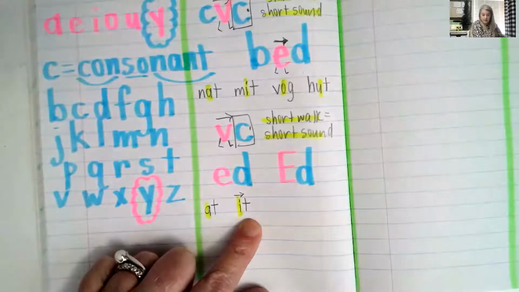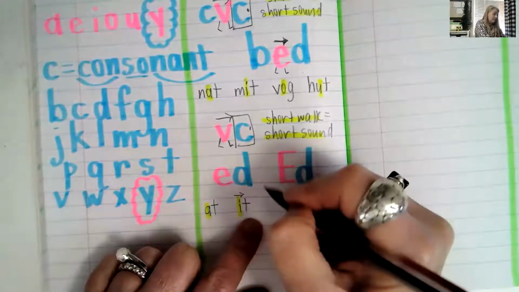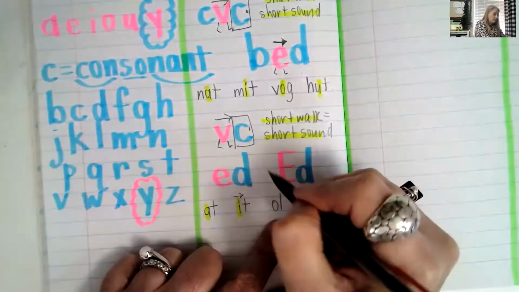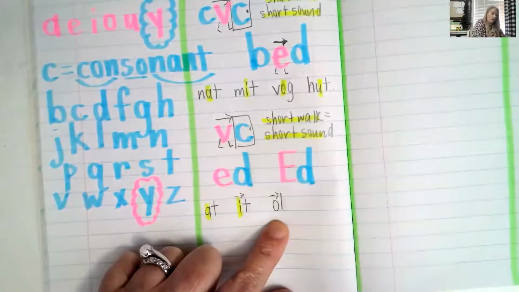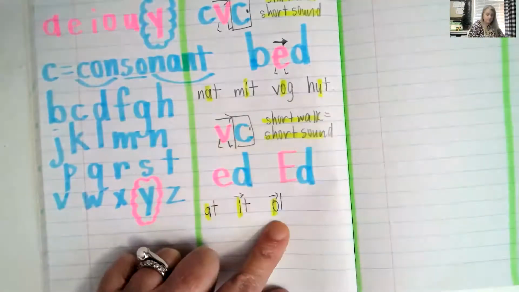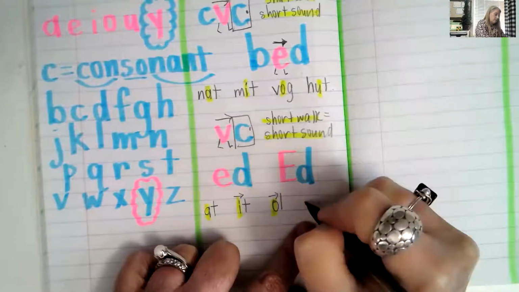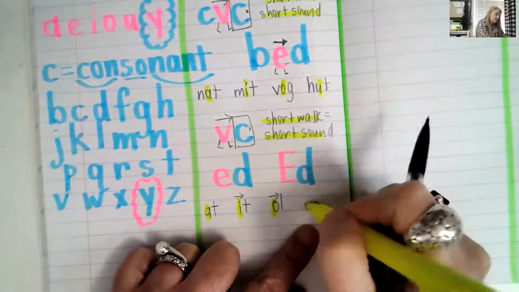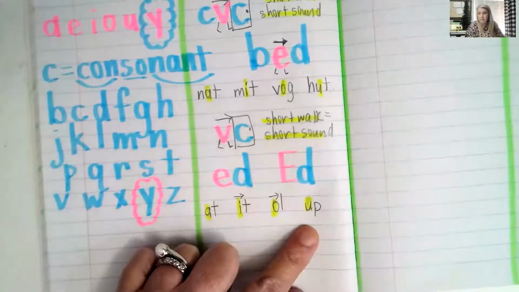How about this, which could be part of a word? All. O says aw, all. Short walk, short sound. It still follows the rule. Here's a word you know, up. U says uh, up. Short walk, short sound.